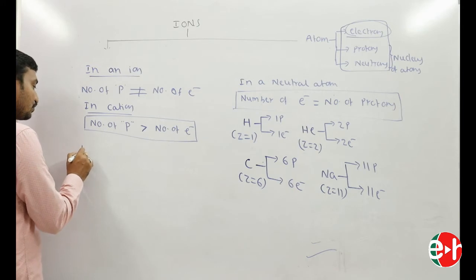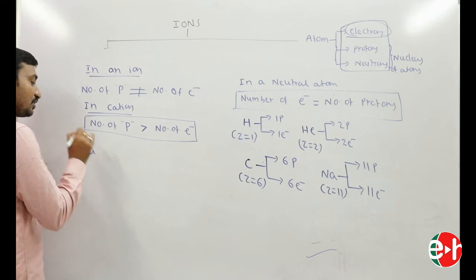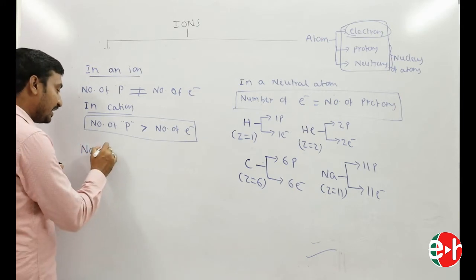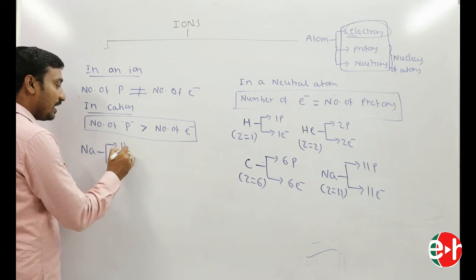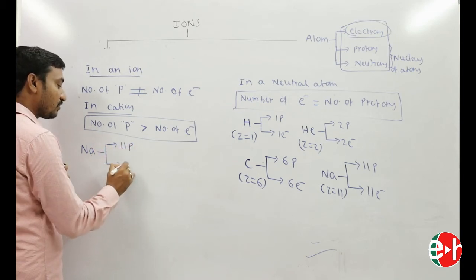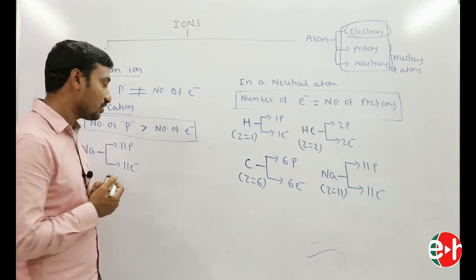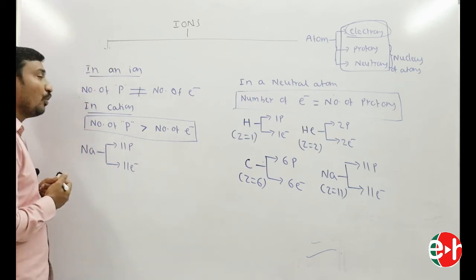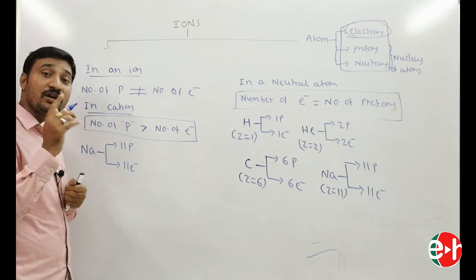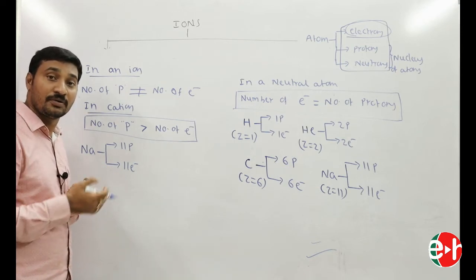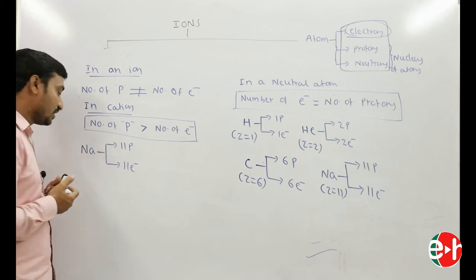See, sodium. We know in a neutral sodium atom, 11 protons and 11 electrons are present. Sodium. How is a cation formed? By loss of electron or gain of electron? By loss of electron.